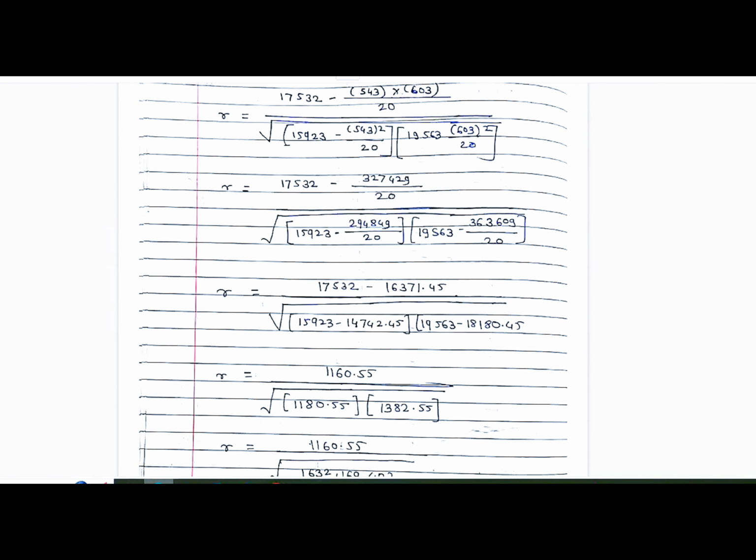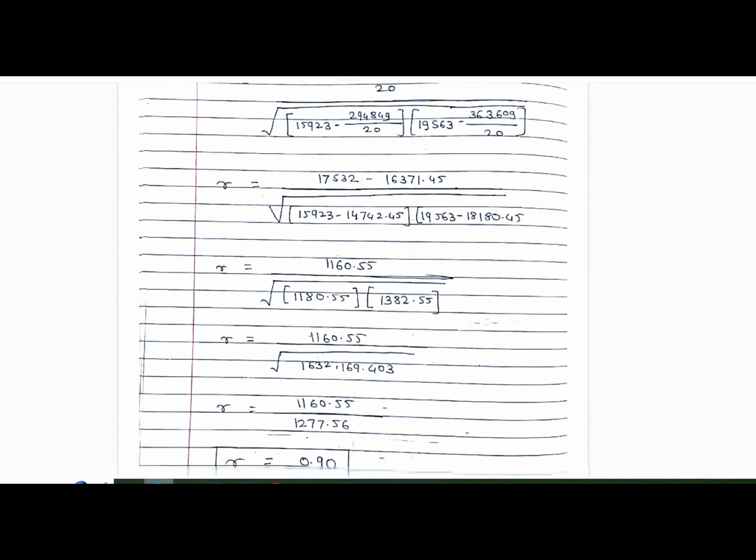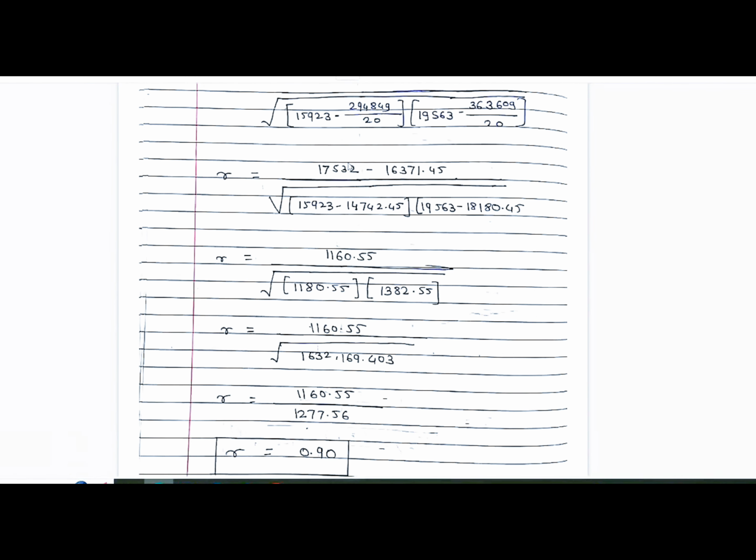Now in the next step, do subtraction. So in the upper part, 17,532 minus 16,371 will be 1160.55. Under root, whole term divided by under root, the first subtraction answer will be 1180.55 and into this will be 1382. Now just do multiplication.